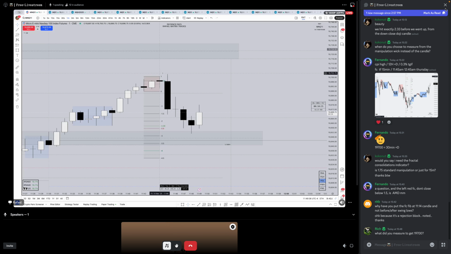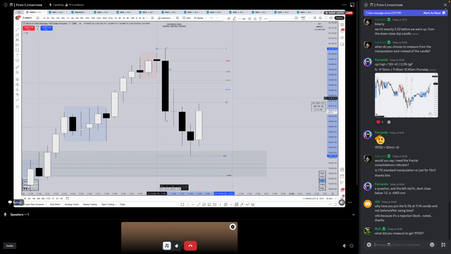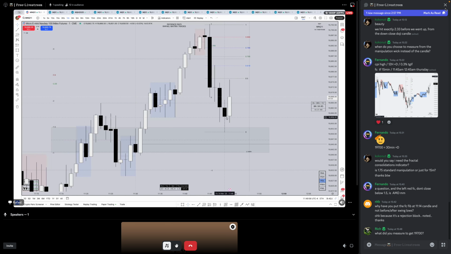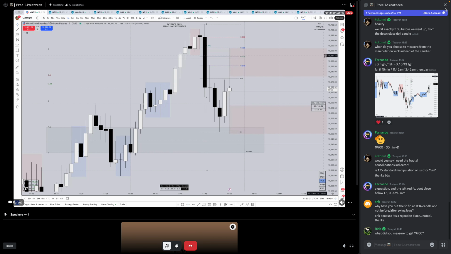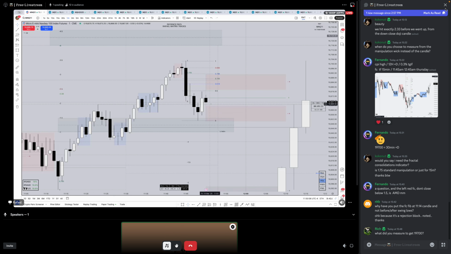And the range, yeah, now we're about to enter the lunch macro, so probably going to consolidate a little bit, and maybe this trade will unfold in the PM session.